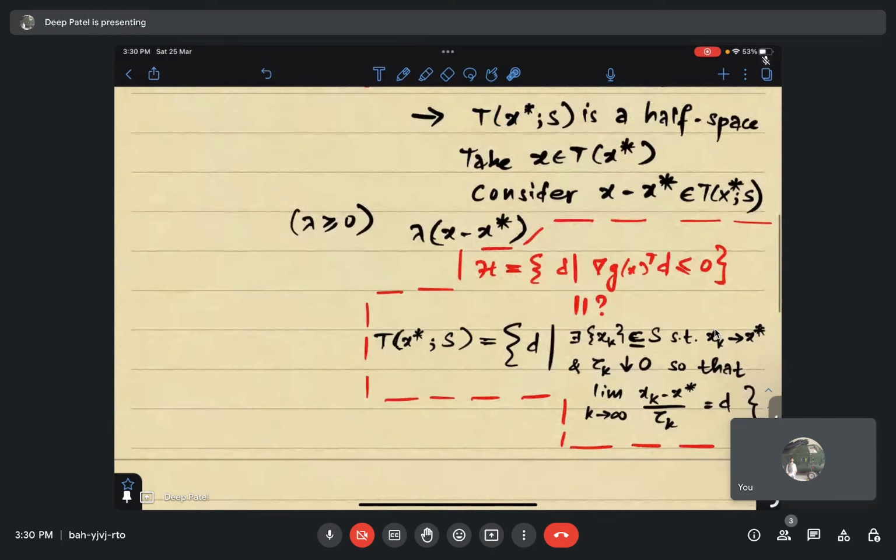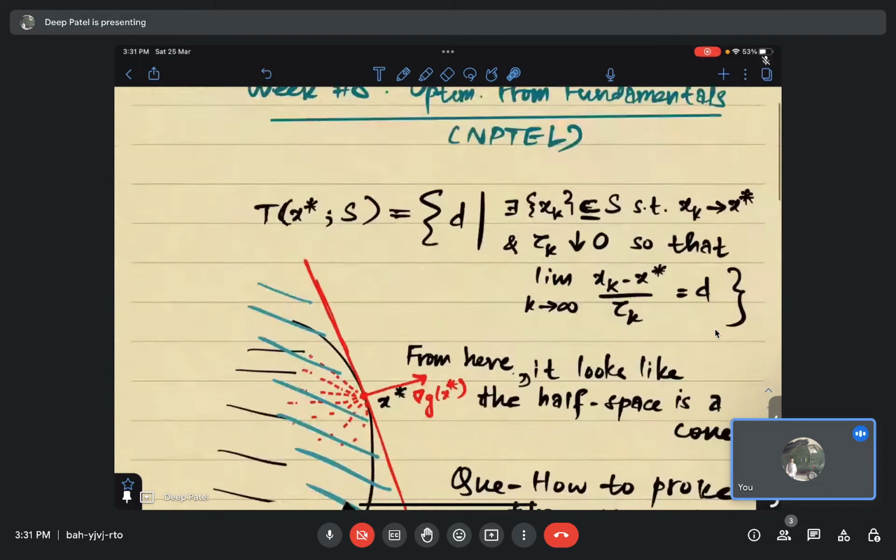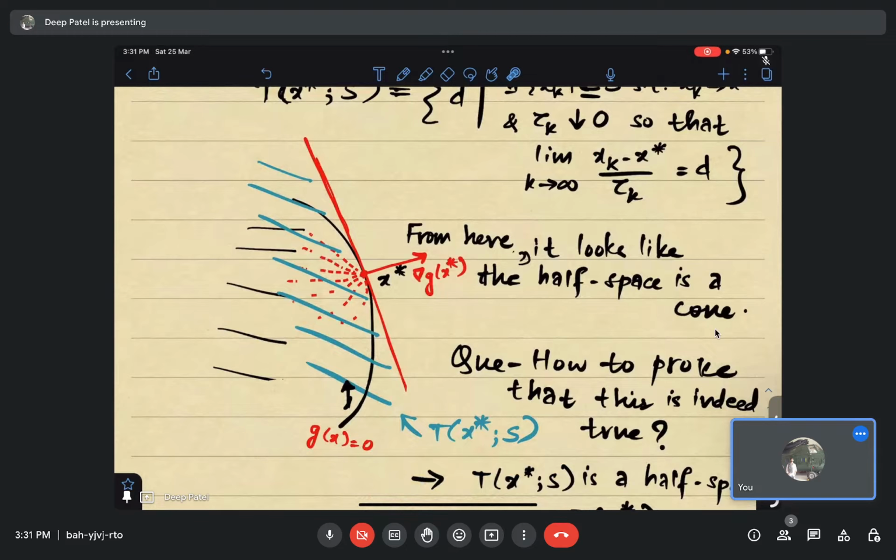Correct. But that's exactly what we want to show, right? I mean, isn't it a bit circular? Yeah, it's sort of circular.